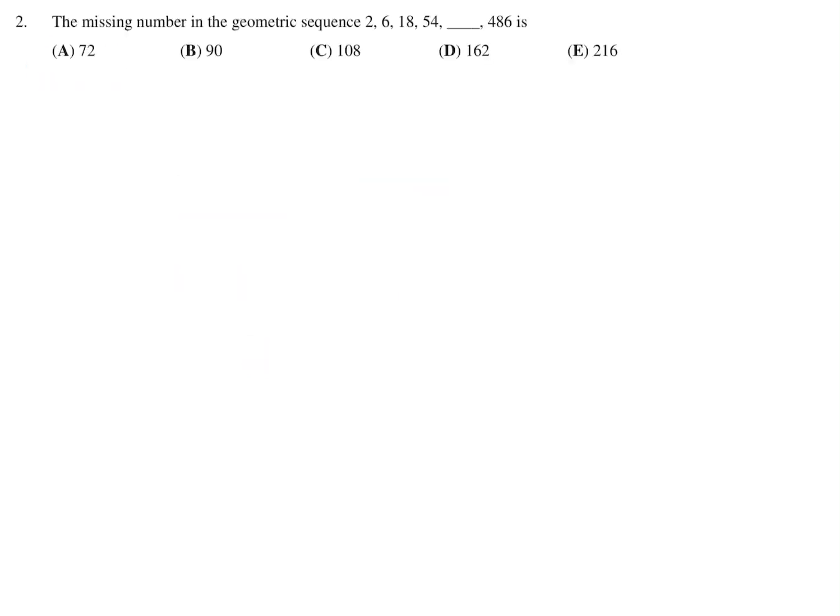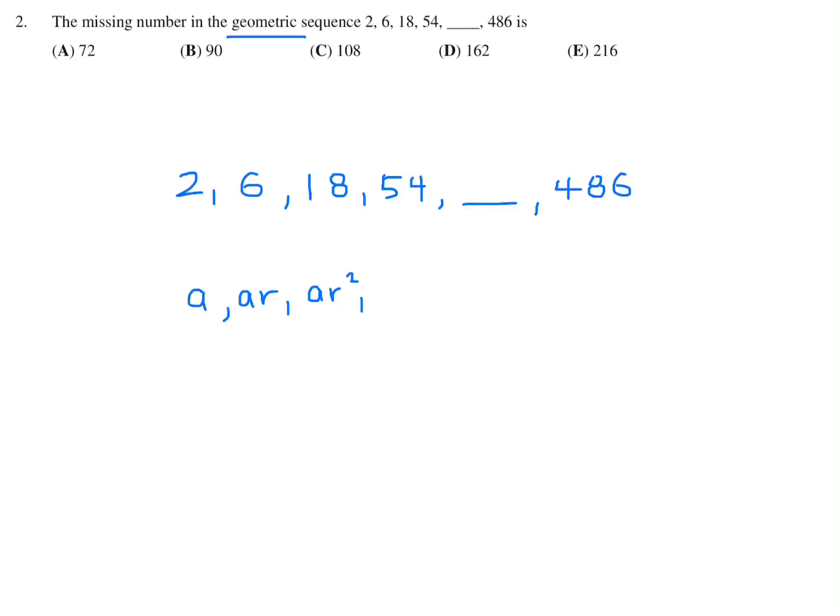The missing number in the geometric sequence 2, 6, 18, 54, blank, and 486 is. Are you familiar with what a geometric sequence is? If you're not, no problem, I'll explain it. A geometric sequence is basically of the form A, AR, AR squared, AR cubed, and so on.